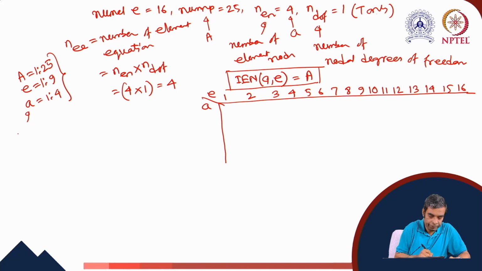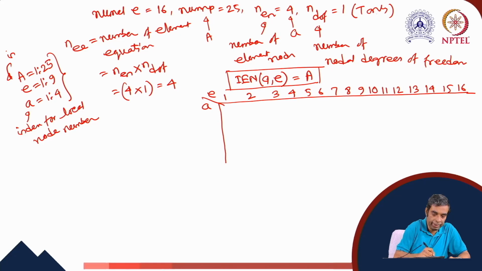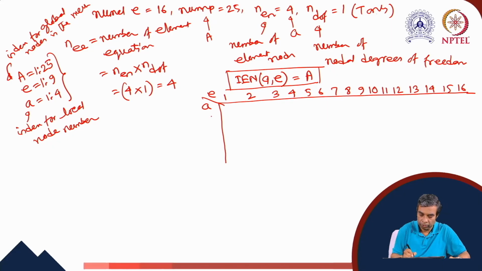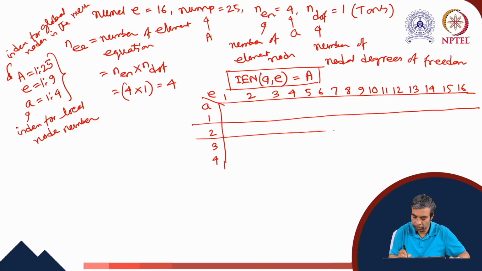Small a is the index for local node numbers, and capital A is the index for global node numbers in the mesh. So let us construct this chart now.